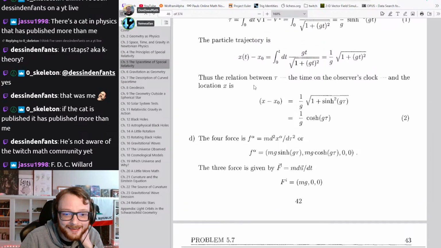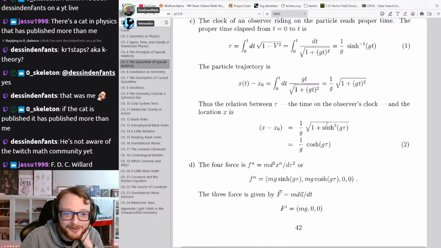Free force is just mg. So they used the answer from part C and took the derivative twice to get the acceleration.